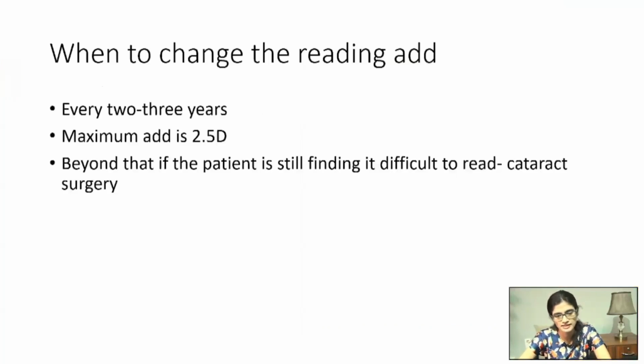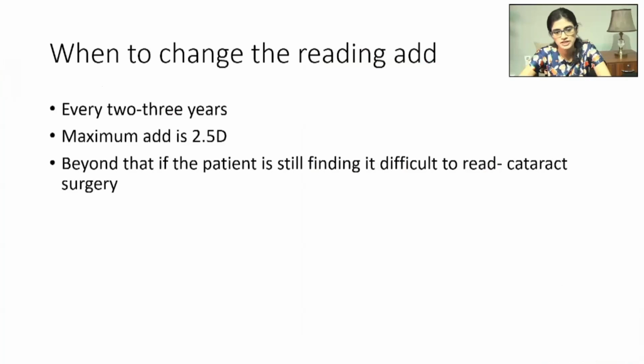So like I said, every 2 to 3 years you need to change your glasses after 40 years. The maximum add that we recommend is plus 2.5; plus 3 also you can give if the patient can tolerate, but by now the patient has totally lost their accommodation ability.